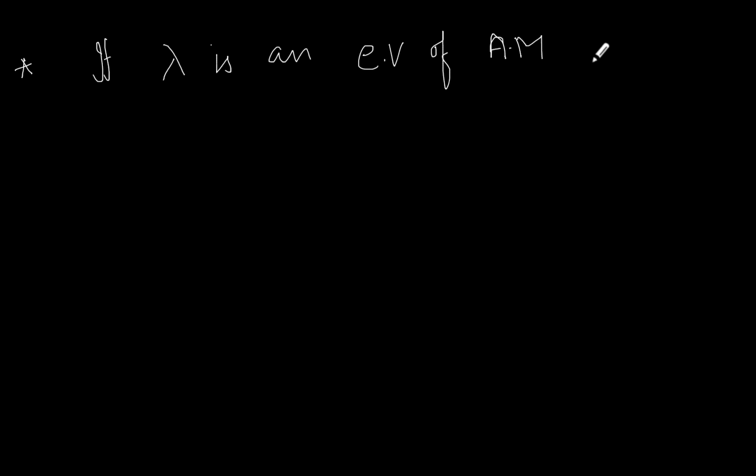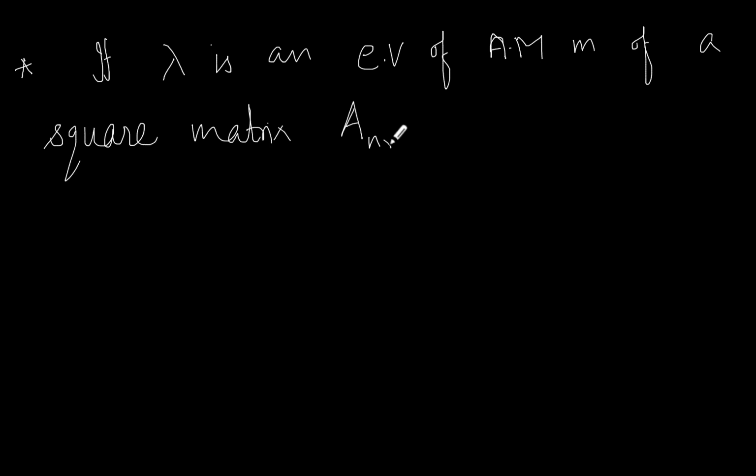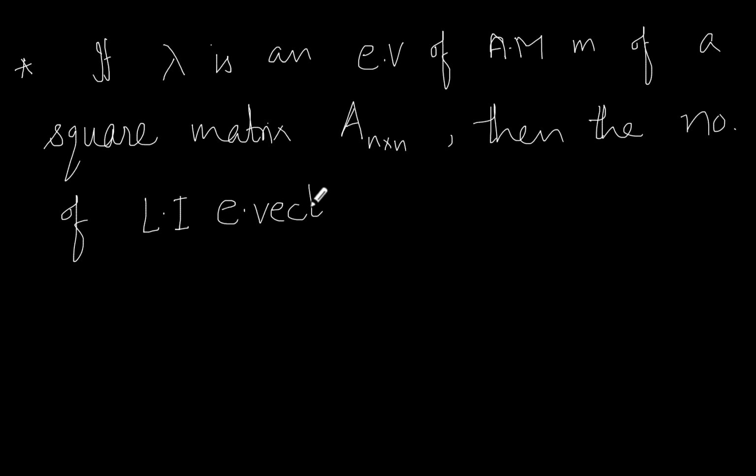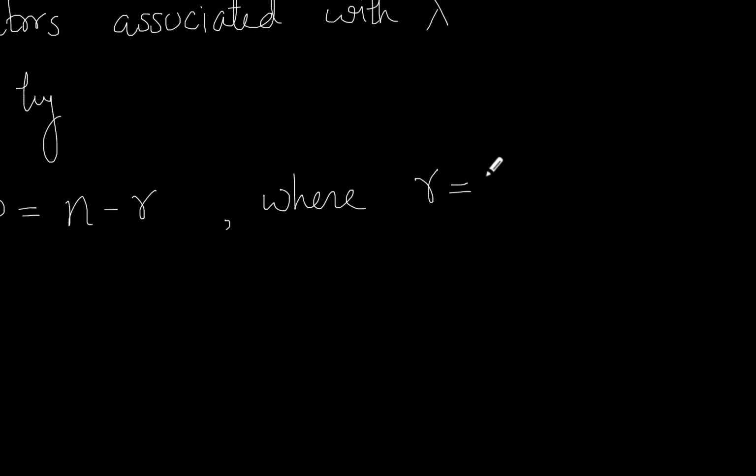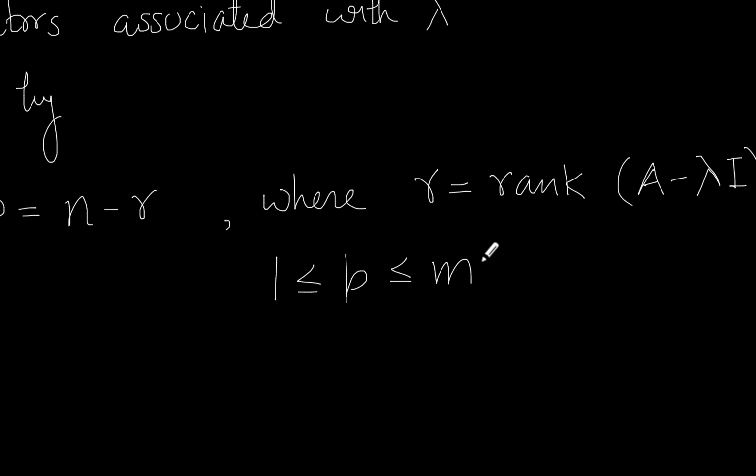One more point, if lambda is an eigenvalue of algebraic multiplicity m of a square matrix A of order n, then the number of linearly independent eigenvectors associated with lambda is given by the formula P equals n minus r, where r is the rank of the matrix A minus lambda I, and the value of P will always lie between 1 and m.